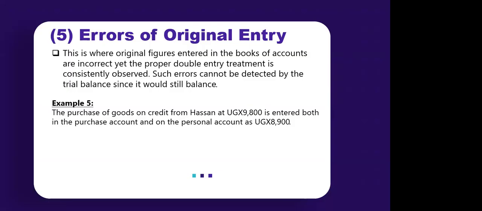So in that particular scenario, it means in the purchases account, the right amount was posted, so nothing is to be tampered with, but we need to go to the personal account and correct the error that we made there.